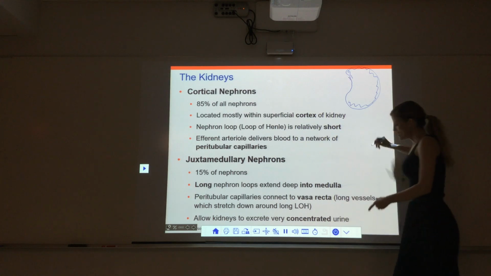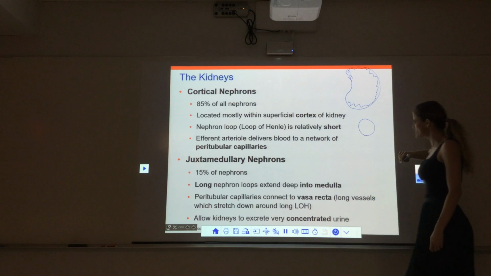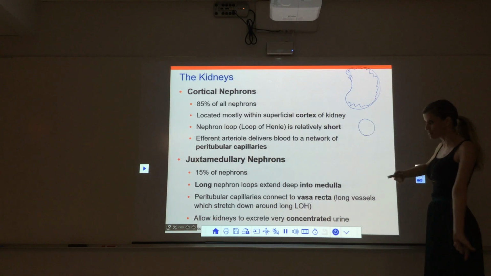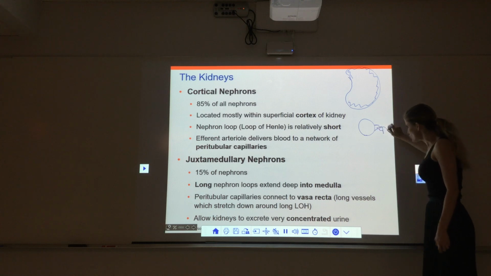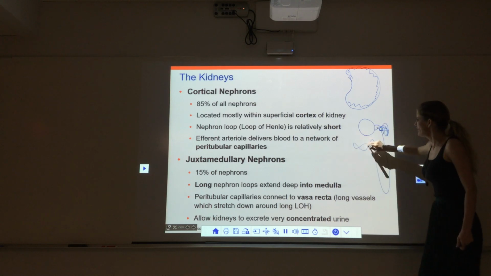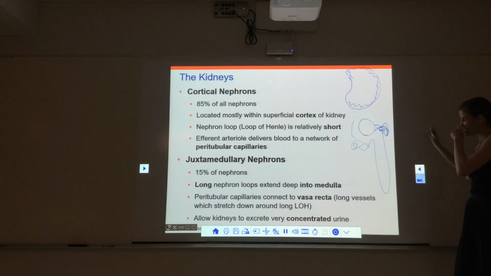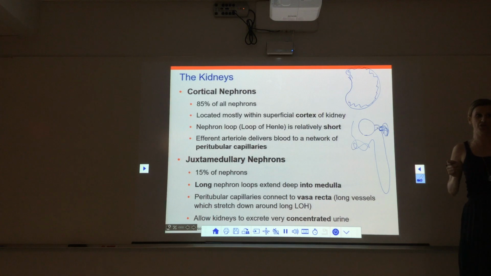When we look at a nephron, it's got two major regions, right? It's got this big head region, the renal corpuscle, where we filter the blood and we produce fluid. And then remember, it's got this tubule, right? With the PCT, the loop of Henle, and then the DCT. And we said that each segment of the tubule has a different function.